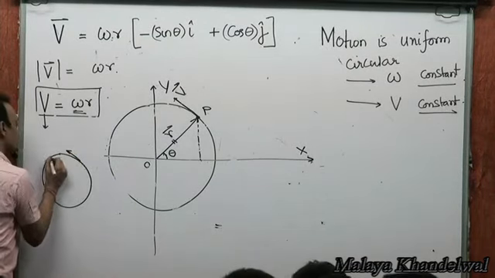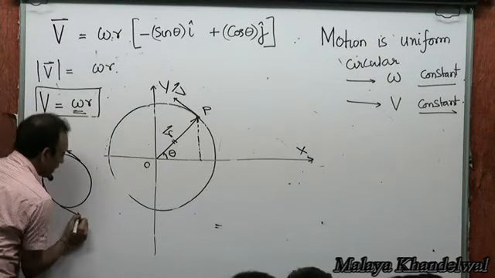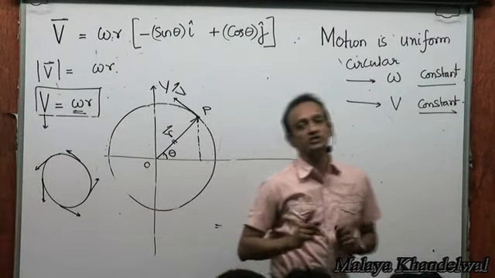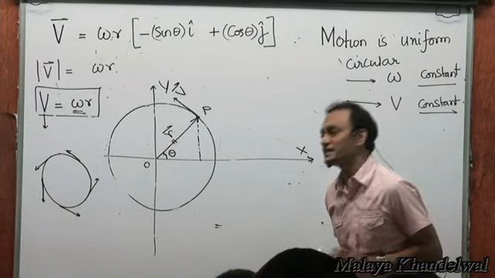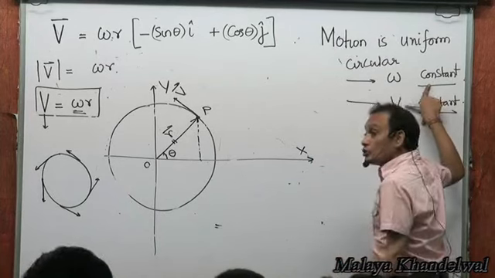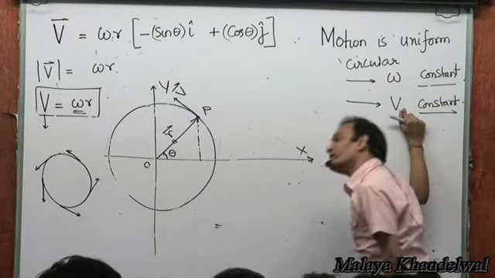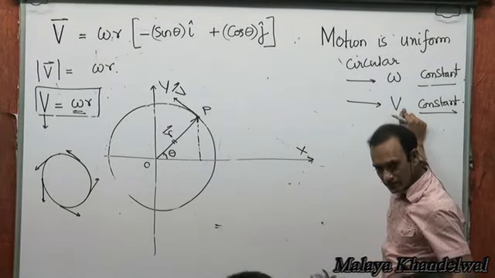When the particle comes here, its direction is here. At different points, you have different directions of the tangents. So the linear velocity is a non-constant vector, because its direction at least is changing. Even if I assume that motion is uniform, it only means that the linear speed remains constant, not the linear velocity.